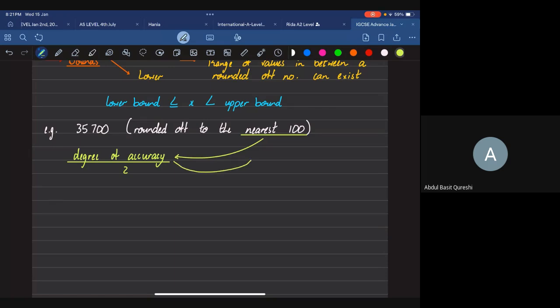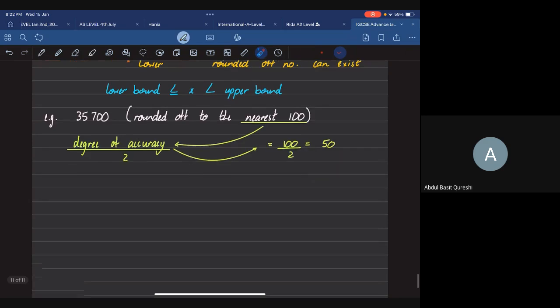In this scenario, it's going to be 100 over 2, which is equal to 50. Keeping this in mind, now I know that my halfway point was 50. So whatever number, before rounding this off, existed above 35650 was rounded off to 700.